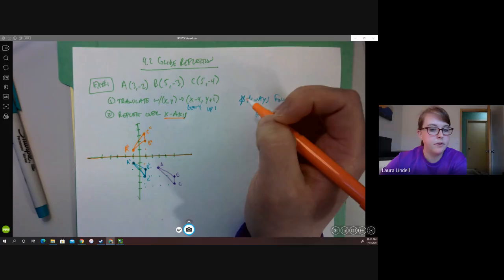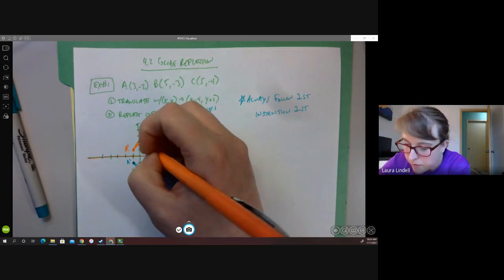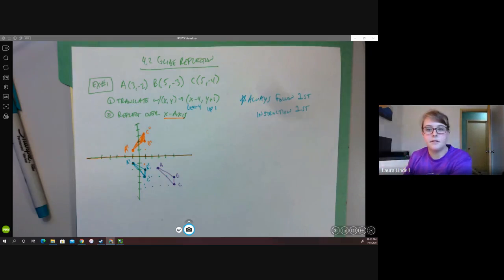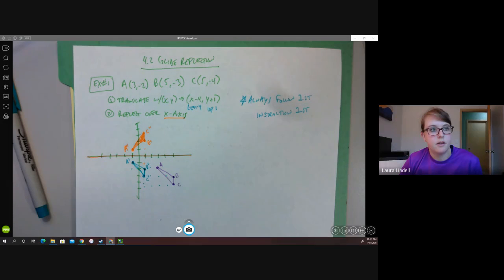Also, a lot of times if you're doing this on paper, you can just color in your final shape to denote that that's where your last iteration of this lands. And then we'd be done. So kind of our steps here, we graph the original shape, we do the translation, and then we do the reflection. And that's how pretty much all of these are going to go with a glide reflection. Any questions up to this point?